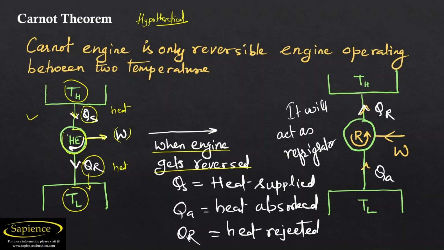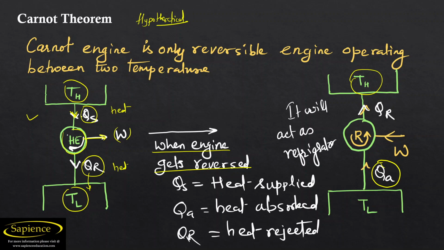But as soon as the engine gets reversed, heat will be absorbed from the lower temperature and it will be rejected at a higher temperature. It will act as a refrigerator or AC. So that's why it is known as a reversible refrigeration engine.